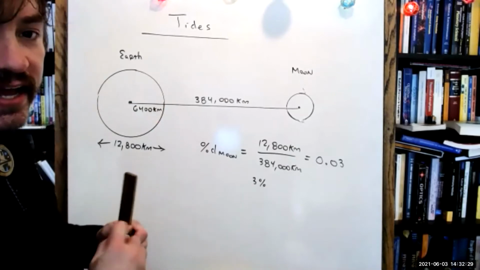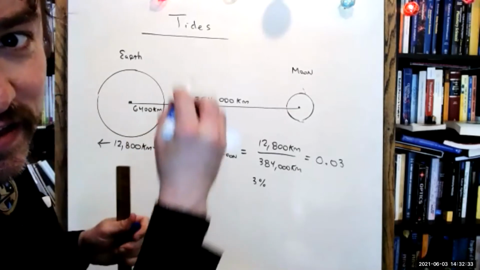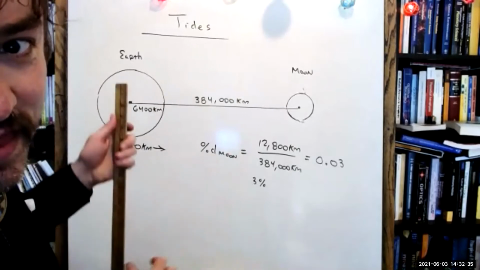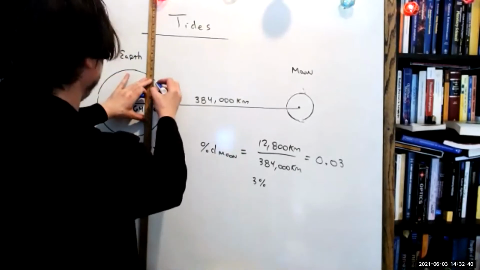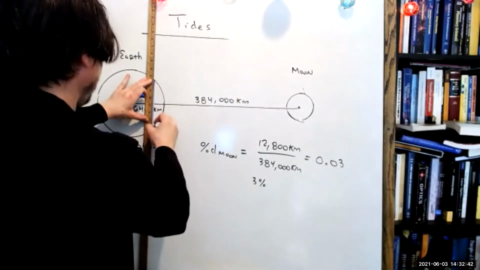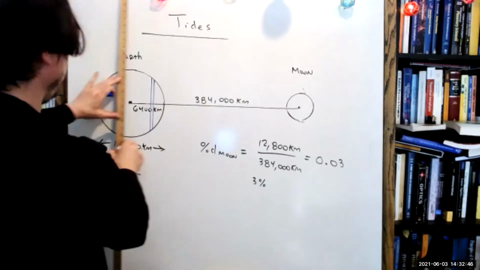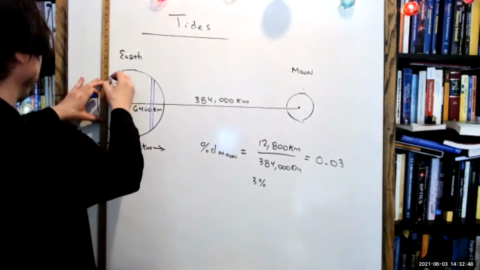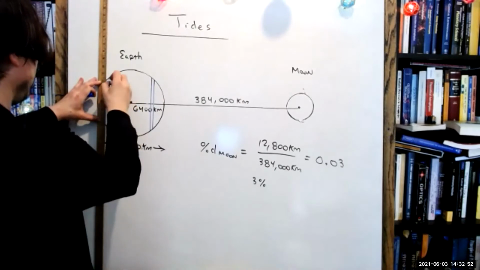Imagine that I could take a planetary-sized cheese grater and slice the Earth up into thin slices of provolone cheese, except they were made of Earth rock. And I'm going to take a thin slice at the front of Earth, and I'm going to take an identically thin slice at the back of Earth.